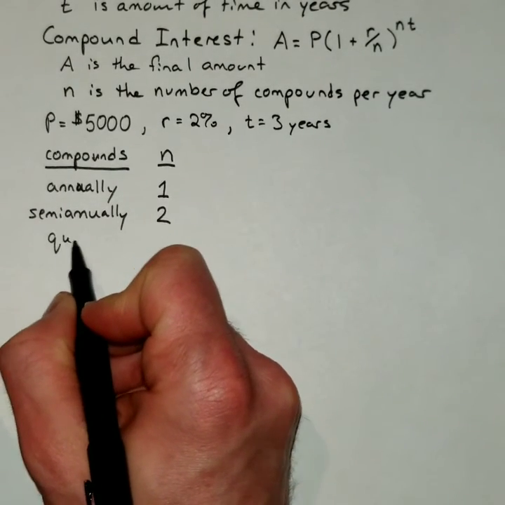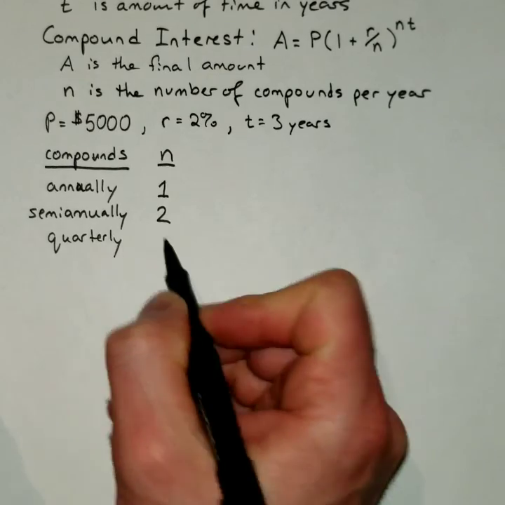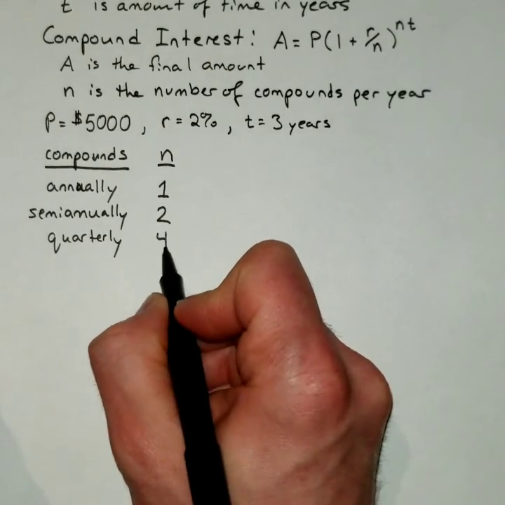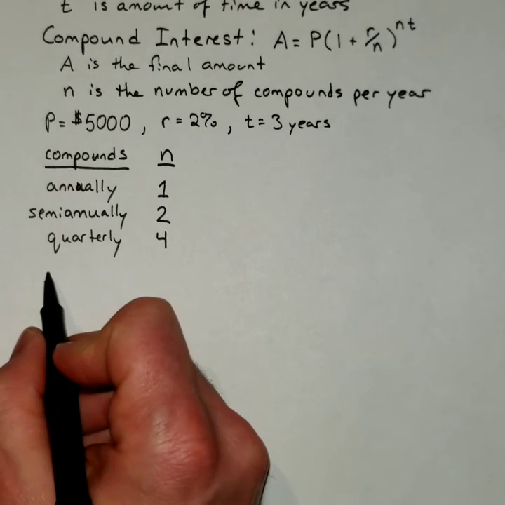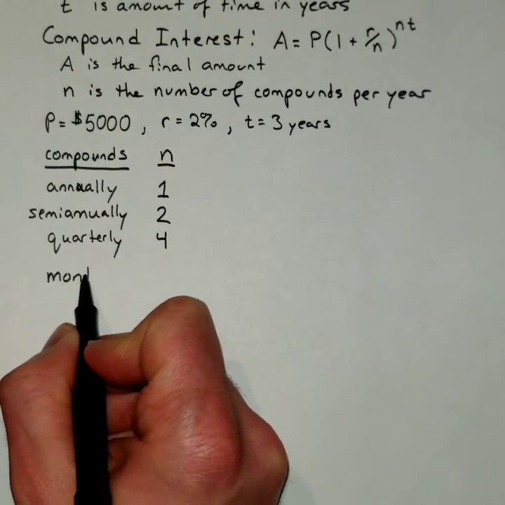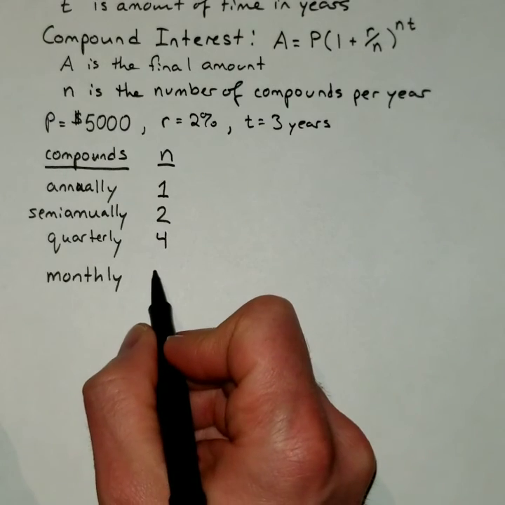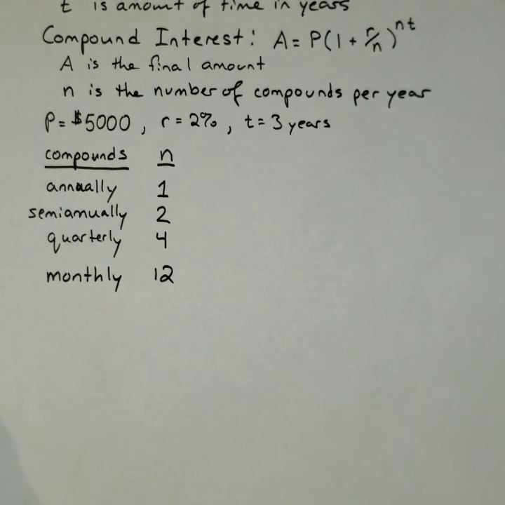Quarterly is a common compounding, that is 4 times per year, that's every 3 months. Monthly, well, there's 12 months in a year, so that'd be 12 times.